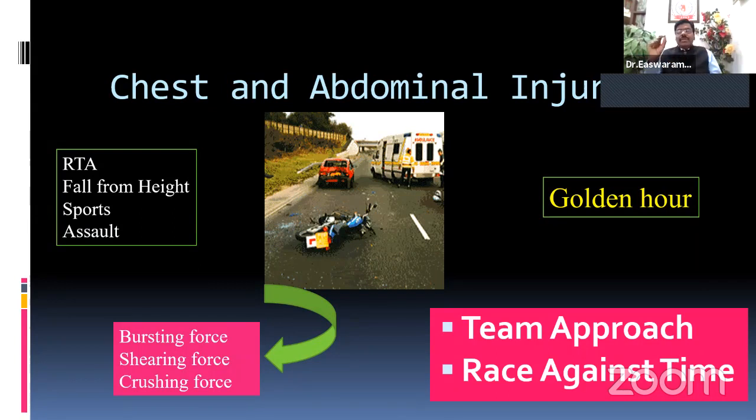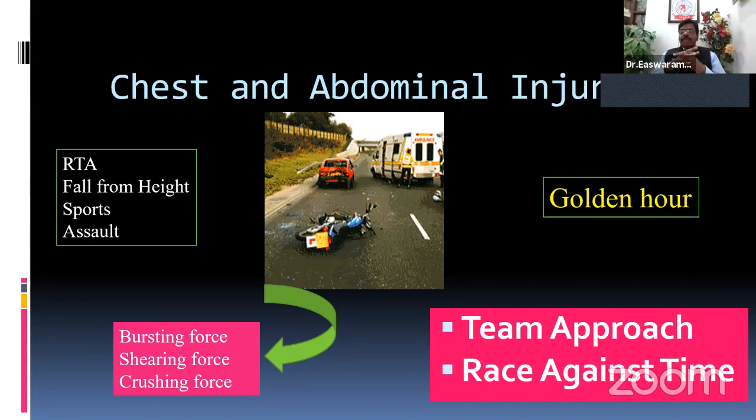For example, the DJ flexure, ileocecal junction, or the arch of aorta becoming the thoracic aorta. Wherever there is a junction of a fixed organ to a mobile organ, there is a shearing force. Because of that, an avulsion type of injury can happen. Shearing force is also responsible for various avulsion injuries in orthopedics, as you learn. Bursting pressure is because of the pressure itself.